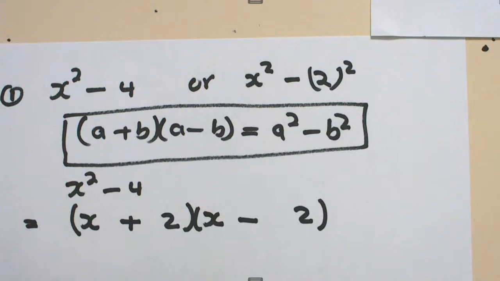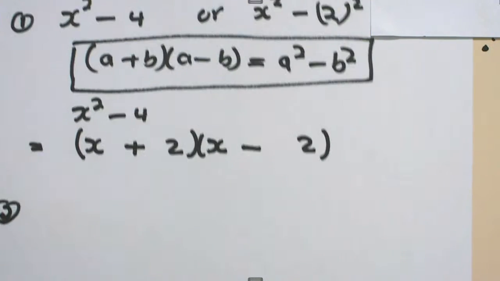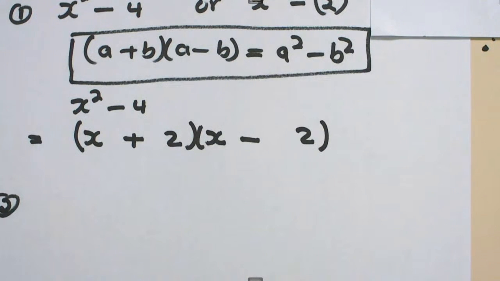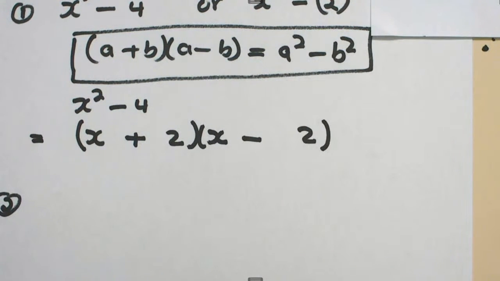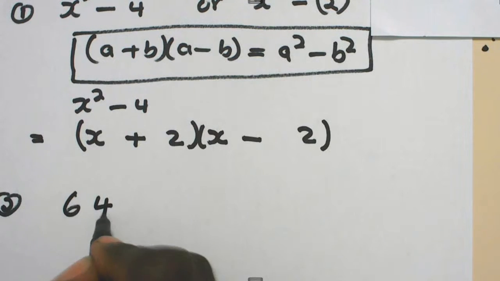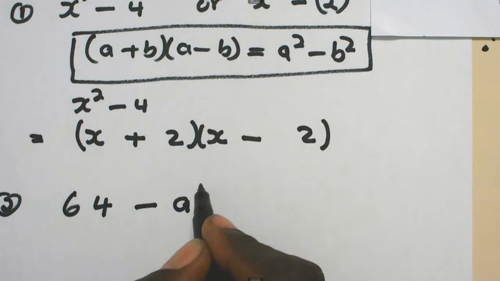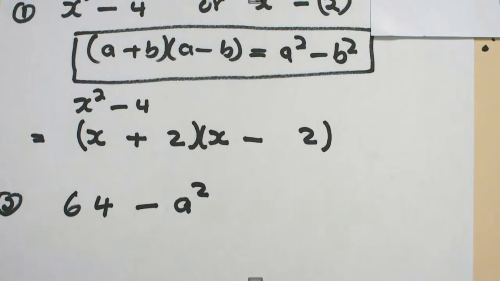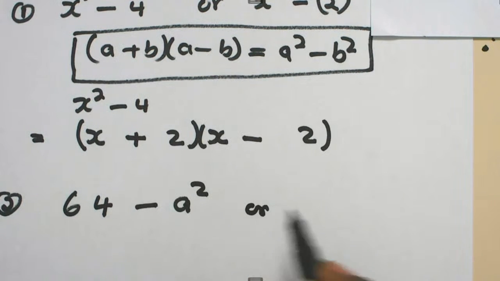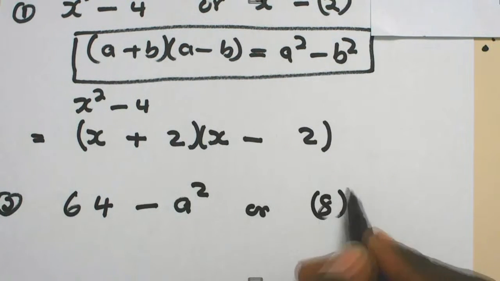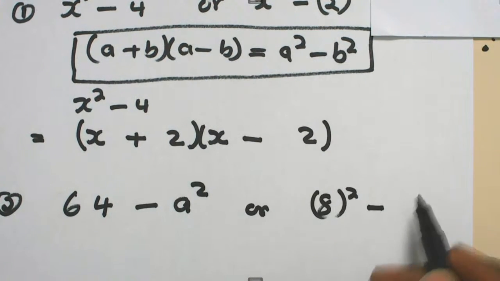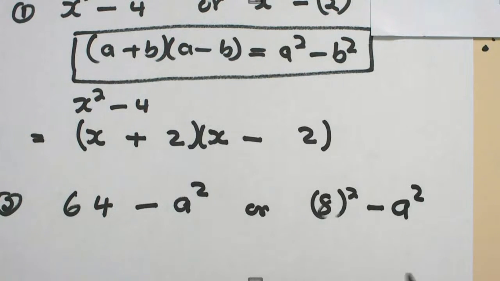Another example, before I give you some that you can do at home, is 64 minus a squared. 64 is the same as 8 all squared minus a squared.